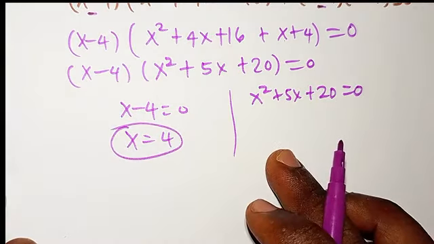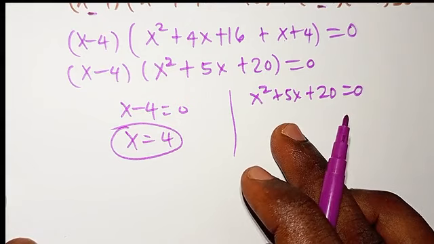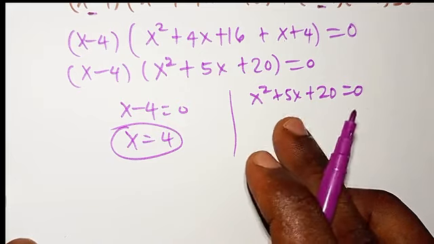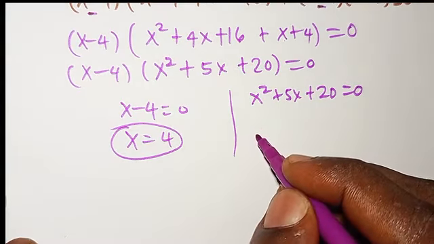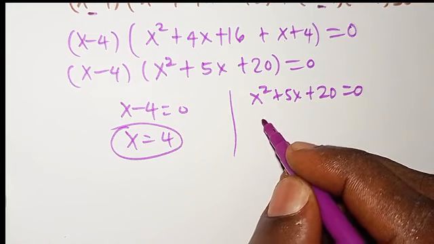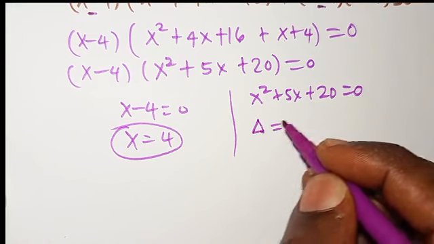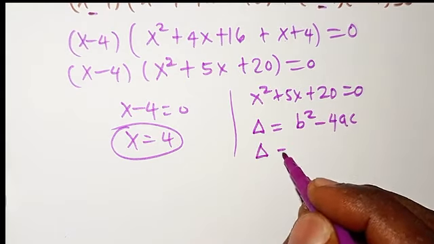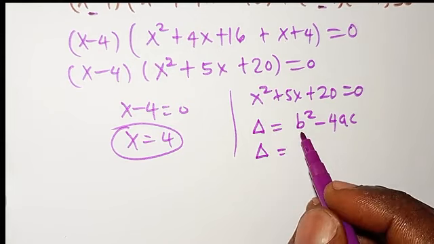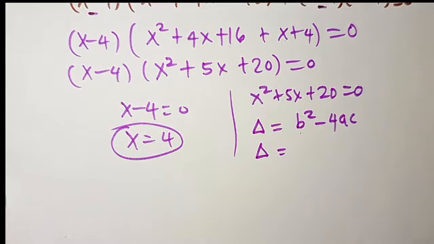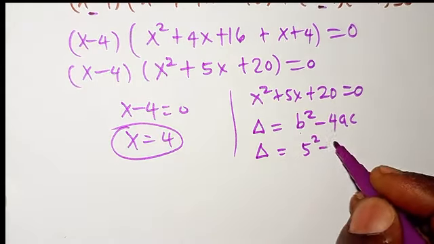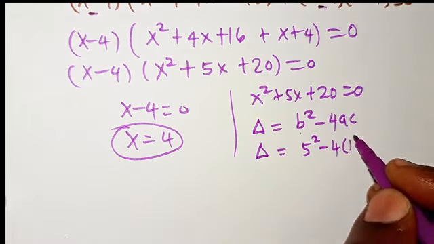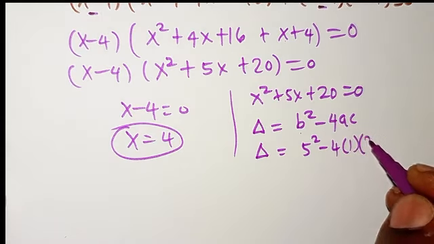So now let's try to look at this quadratic equation. Let's see what we are going to have here. Are we going to have real roots or complex roots? Let's bring out our discriminant, which is b squared minus 4ac. According to this, b is 5, so we have 5 squared, then minus 4, the a is 1, then the c is 20.